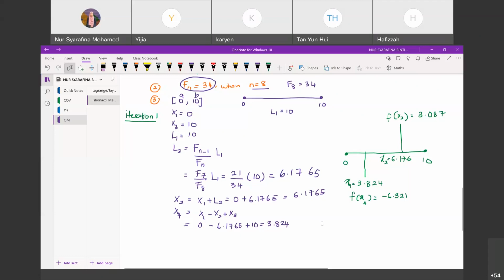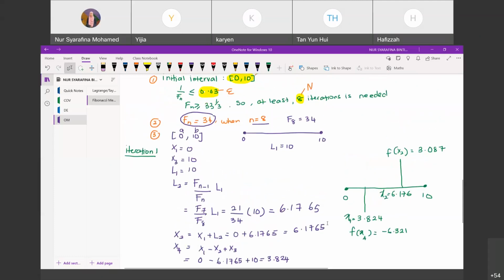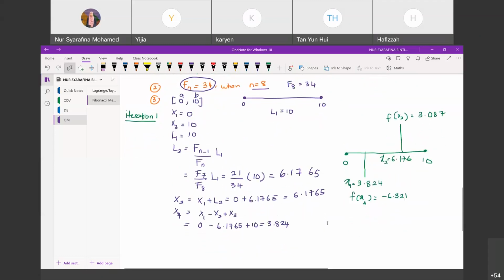All right. So now, okay, guys, are you with me? Understand or not? We have done with finding L2. Once you obtain L2, you need to have your x2, and x4 is obtained by x1 minus x2 plus x3. Now you have all the values x1, x3, L2, x2, and x4. So in the line, just identify the position of the value.